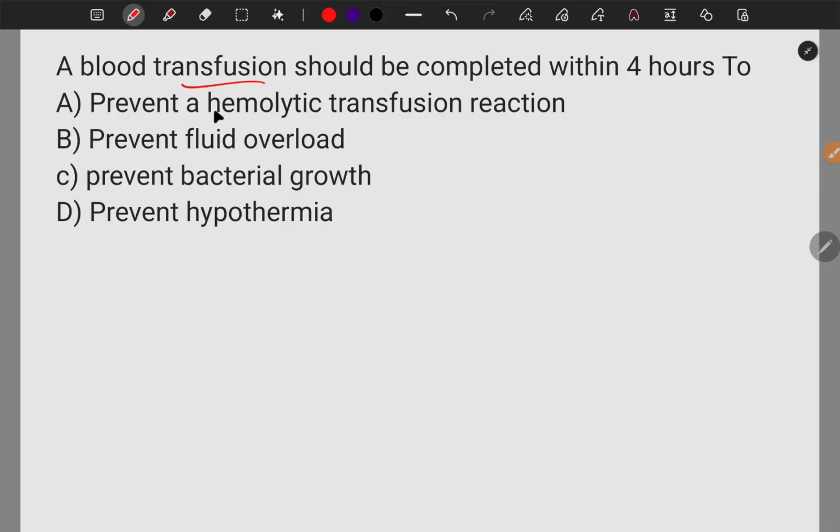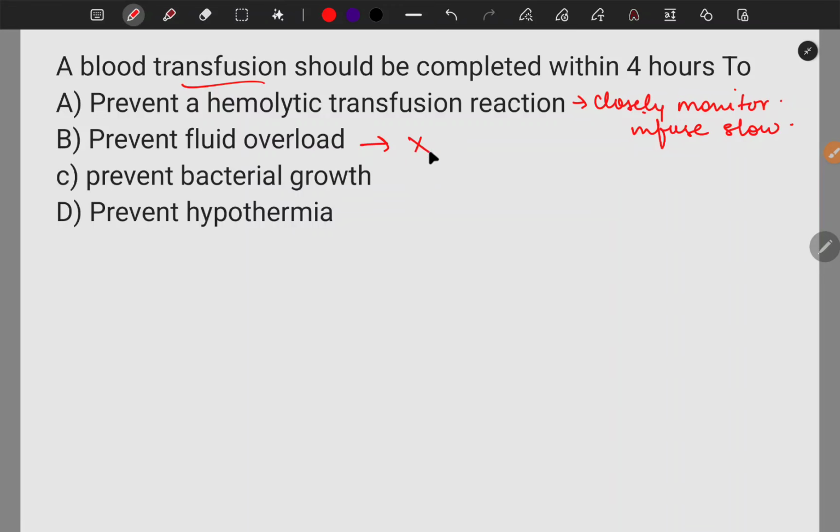Because to prevent a hemolytic transfusion reaction, prevent fluid overload, prevent bacterial growth, and prevent hypothermia. So to prevent hemolytic transfusion reaction, you have to closely monitor and infuse it slowly for the first 15 minutes. Okay. So prevent fluid overload.